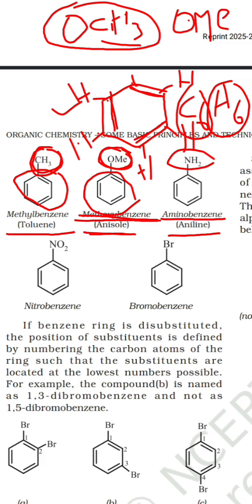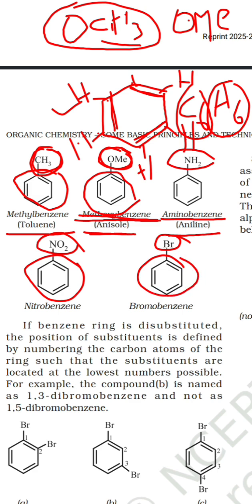So we have to remember toluene, anisole, aniline, and this is nitrobenzene, single name. Nitro group NO2, and this is benzene, nitrobenzene, and this is bromobenzene. Like that names are given for single substituted benzenes.